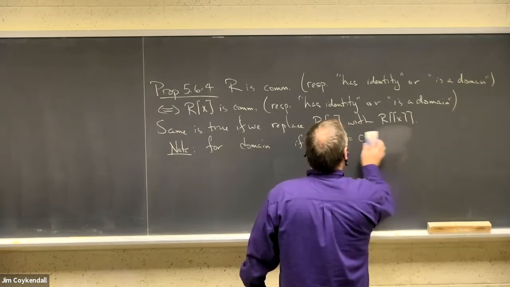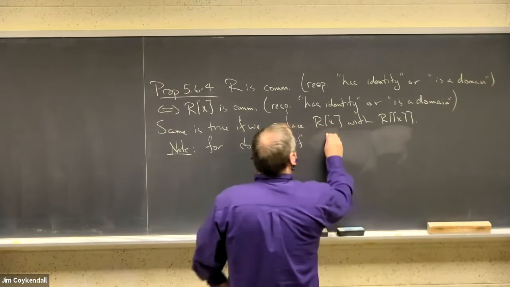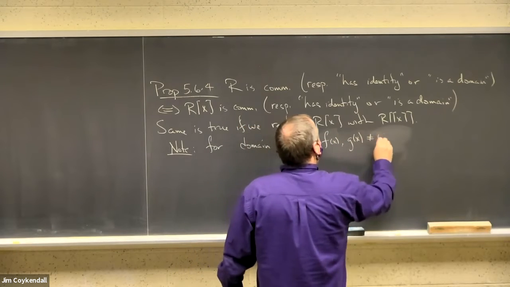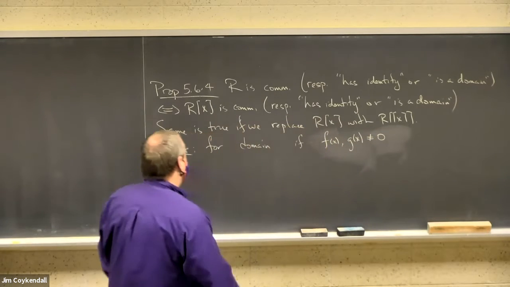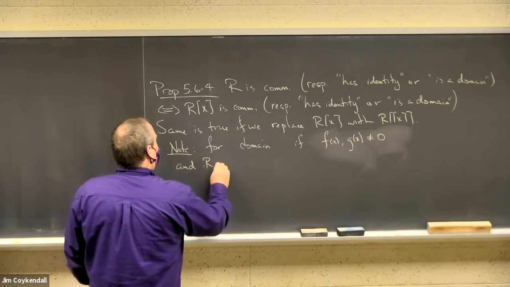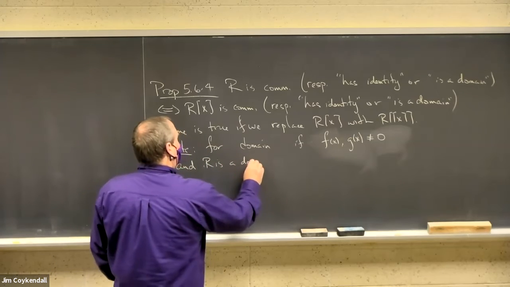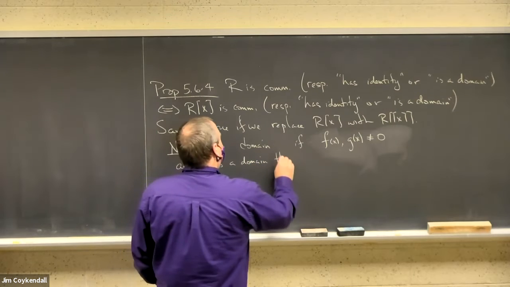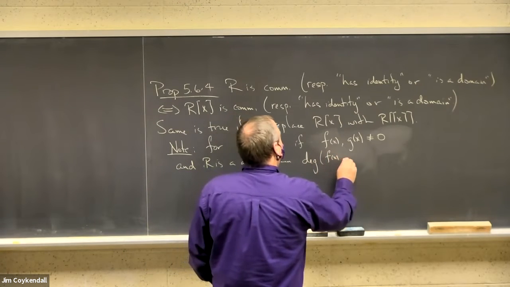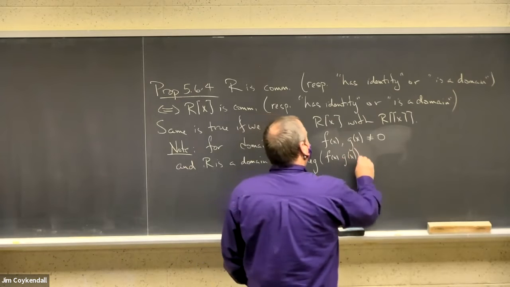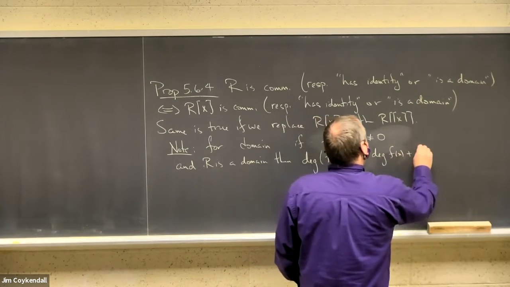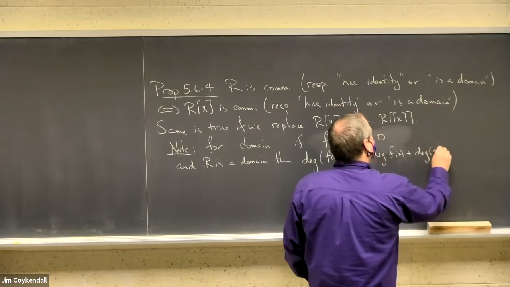Well, actually, let me put it to you this way. If f(x), g(x) are non-zero, and R is a domain, then degree of f(x)g(x) is degree of f(x) plus degree of g(x).